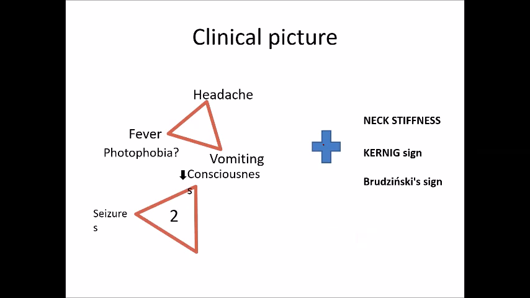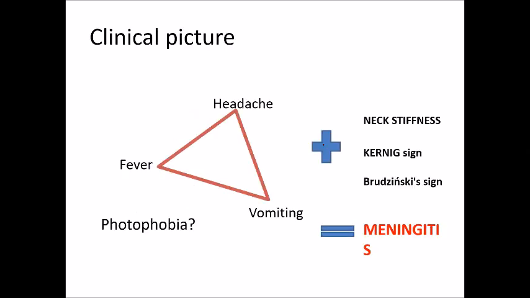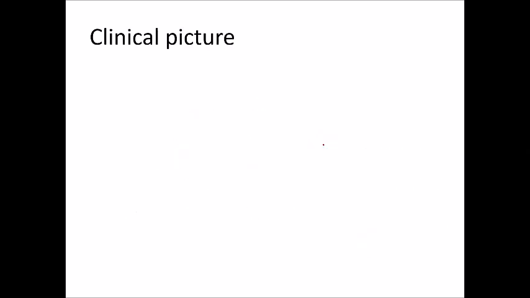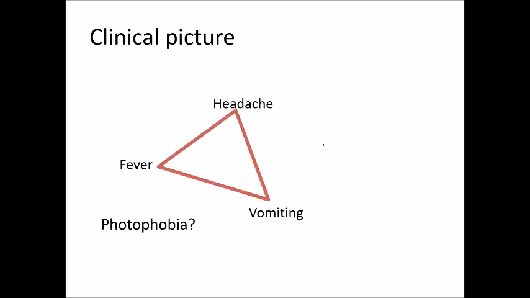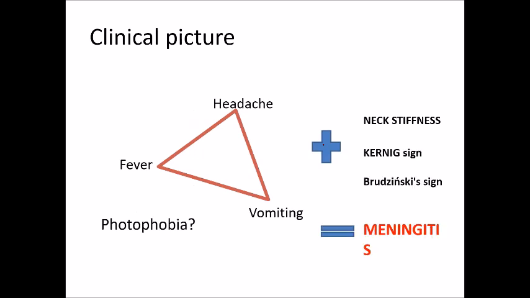So that's why they appear as encephalitis. While if you only have headache, fever, vomiting, possibly photophobia, plus neck stiffness, Koenig sign, and Brudzinski sign, then this is meningitis.